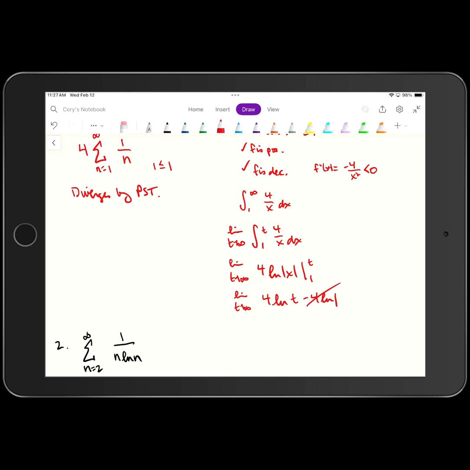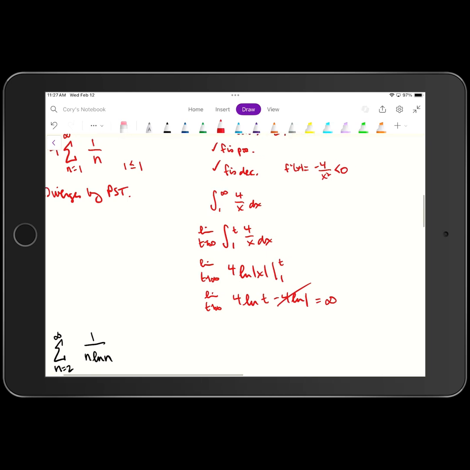And as t gets large, 4 times the natural log of t goes to infinity. Okay, so because the integral diverges, therefore the series diverges by, and I'm going to abbreviate the integral test as IT.